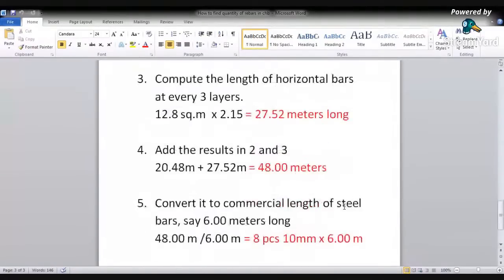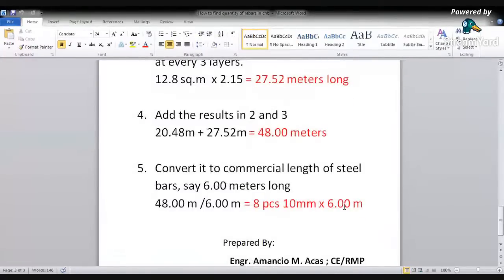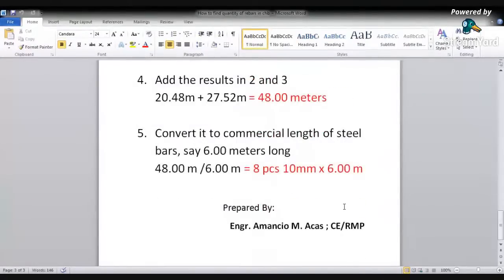The next step is to convert it to commercial length of steel bars. In hardware in the Philippines, we have only 6 meter long rebars. If you use 12 meters, I think this is a special request, but majority of the rebars we use are 6 meters.